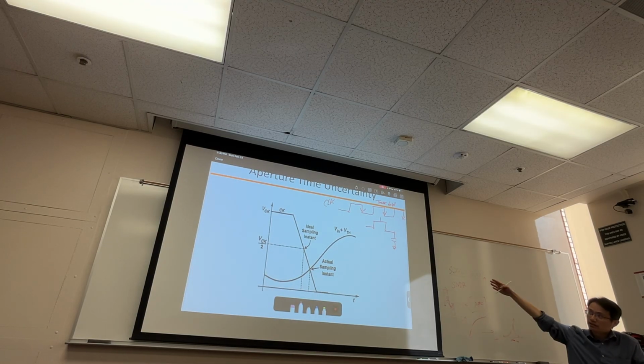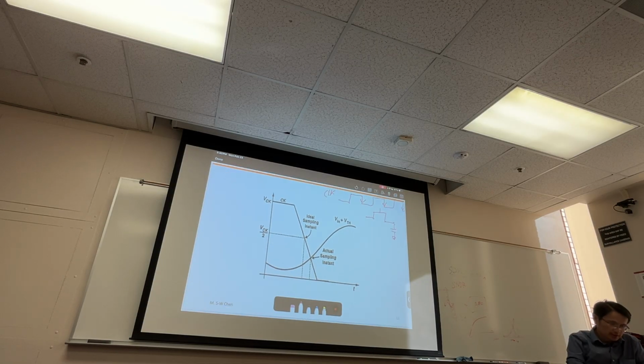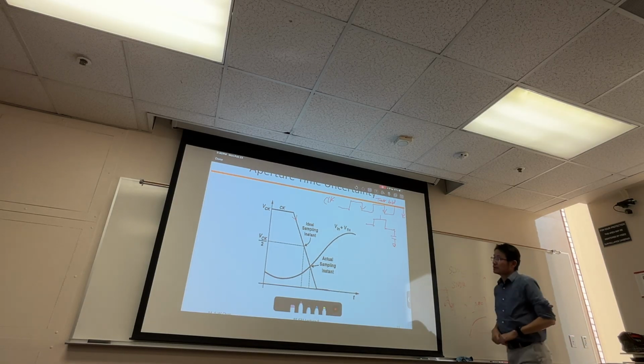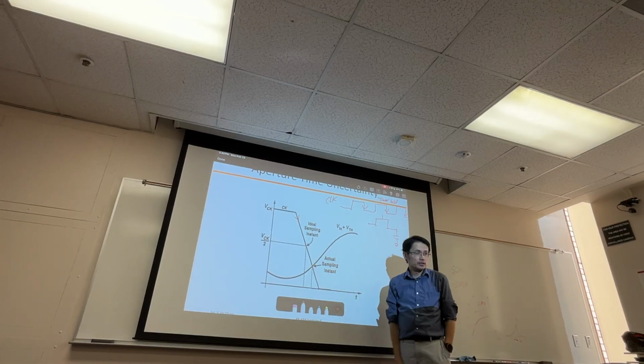Okay, so now let's zoom into the instant. We know that's the most important instant because that's where we capture the analog voltage. So if I zoom in, especially on the falling edge, there is a certain fall time. Where's my actual sampling instant?